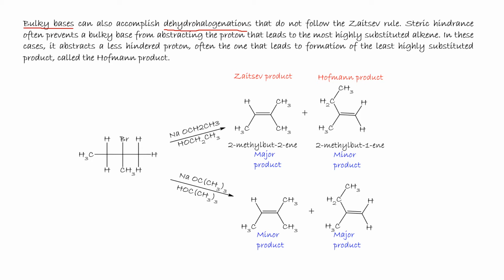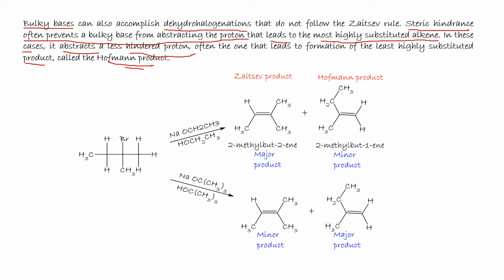But the steric hindrance often prevents a bulky base from abstracting the proton that leads to the most highly substituted alkene. In these cases, it abstracts a less hindered proton, often the one that leads to the formation of the least highly substituted product. This is called the Hofmann product.